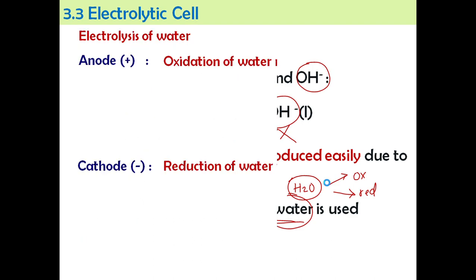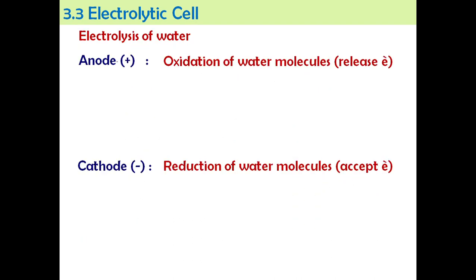So for electrolysis of water, untuk anode dengan cathode, dua-dua akan melibatkan H2O. Okay, jadi dekat sini saya akan tunjuk macam mana equation untuk oxidation of water dan reduction of water. Okay, this is very important because we're going to use this again in next electrolysis process. Okay, so please make sure you understand about this.